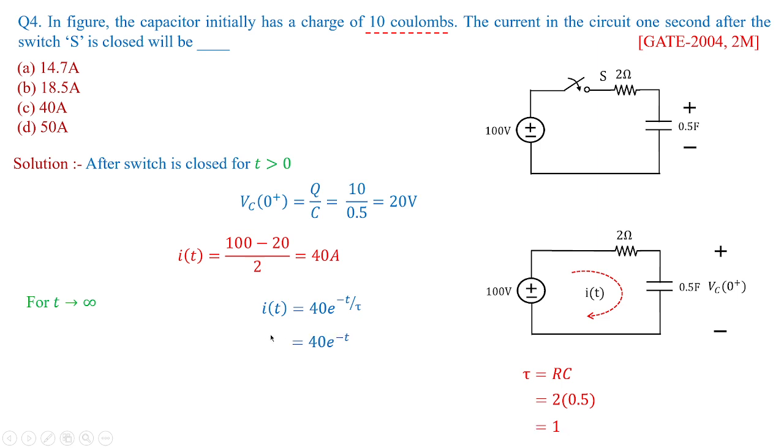Substituting this value, I get I of t equal to 40 e to the power of minus t, and for 1 second, the value would be e power minus 1. The e power minus 1 value is 0.367, multiplied with 40 gives 14.71 amperes. So option A is the right answer.